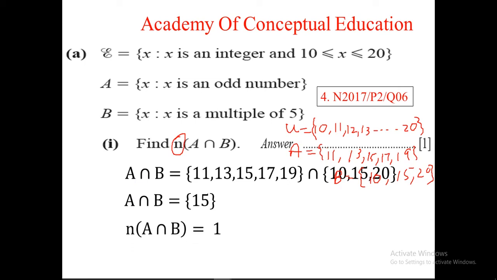So the number of elements of A intersection B will be 1.